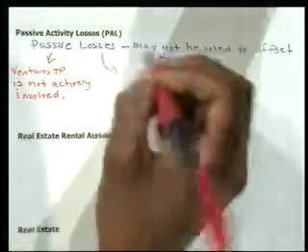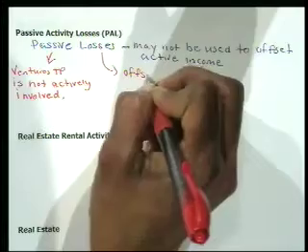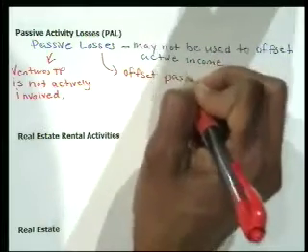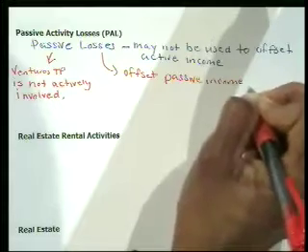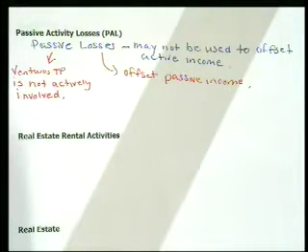Passive losses can only offset passive income. So if I have a passive loss, I have to have passive income in order to offset it.